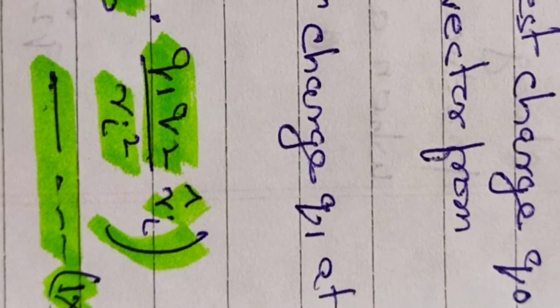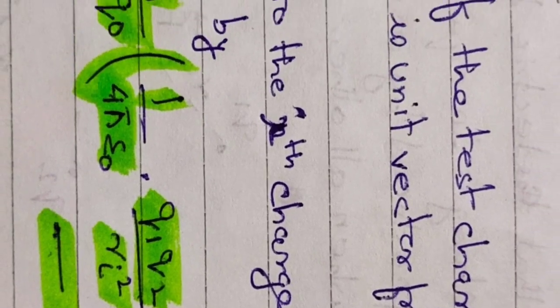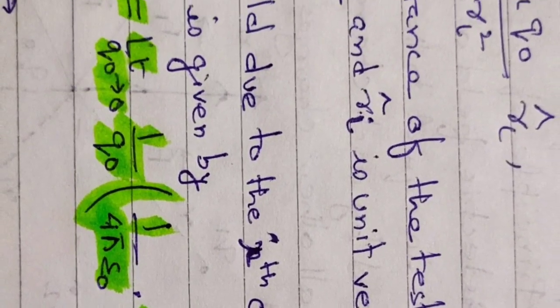This is equation number 9. The electric field Ei due to charge Qi at the observation point acts along the direction of the force on the test charge. Likewise, the electric fields E1, E2 ... En due to the charges Q1, Q2 ... Qn act along the direction of forces on the test charge due to them, as shown in the figure.